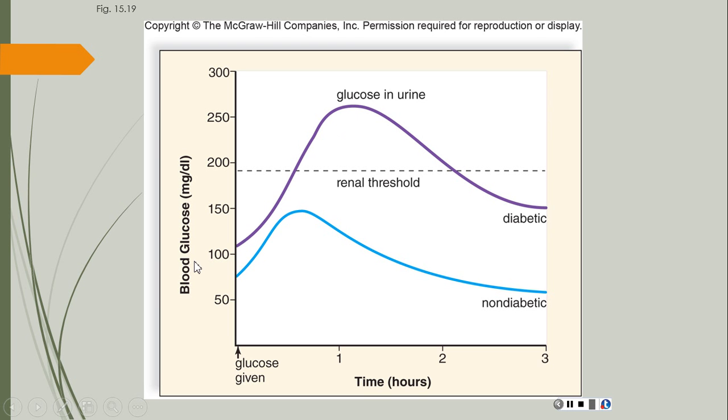Their blood glucose level will rise dramatically, and going along this axis is time: 1 hour, 2 hours, 3 hours. They're still quite elevated after 2 hours, as opposed to the non-diabetic in the blue line, where it does rise, but then drops back to normal, or to where it was before the glucose was given.